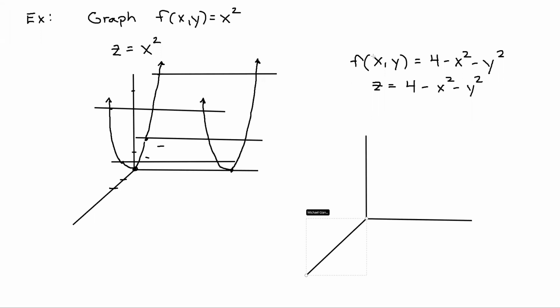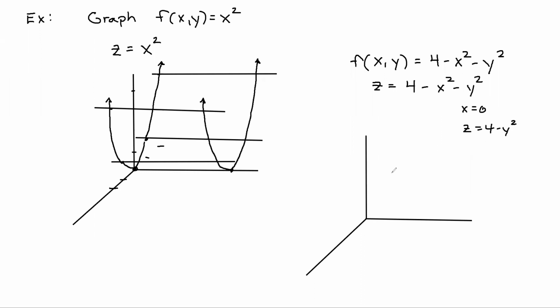All right. And then once we've got our coordinate axis, again, you can just use cross sections. So you could say if x is 0, then we'll get z equals 4 minus y squared. If you're not sure what that looks like, again, you can use some test points.